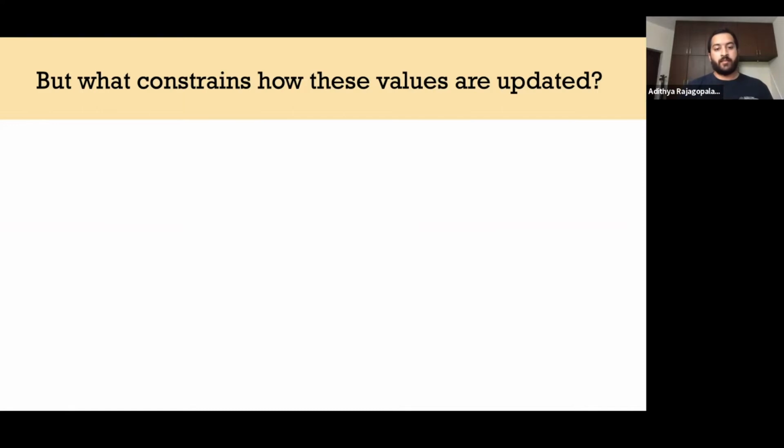But as I pointed out in my example, these values can change over time as the environment around the animal changes. And so the next question that needs to be asked is how these values are updated and what are the constraints that you need to put in place and the rules that underlie how these values are updated.